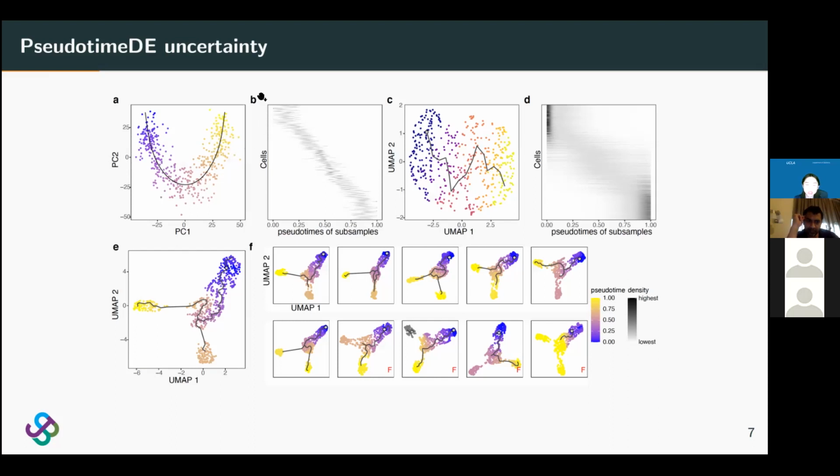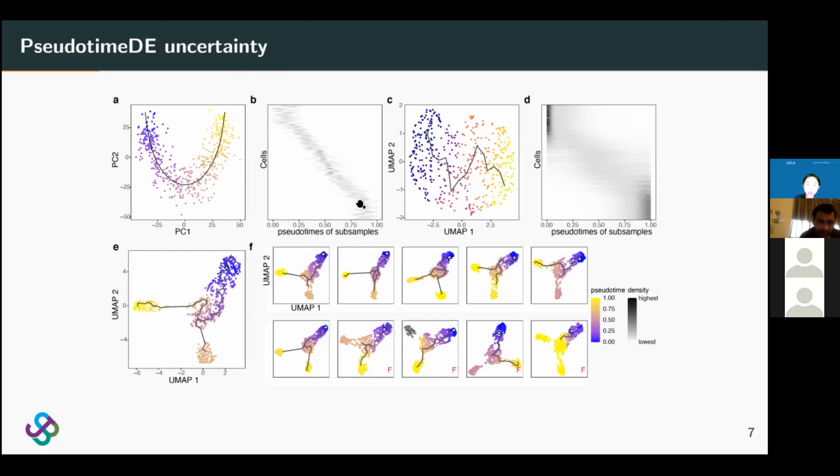Here the x-axis shows the cell's pseudotime in the full sample, and the y-axis shows each cell's pseudotime in the corresponding subsample, if that subsample includes the cell. The cells are ordered by their pseudotime in the full sample. We can see that each cell has some uncertainty for its pseudotime in the subsamples.